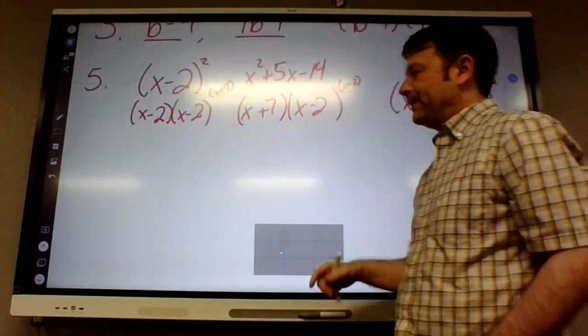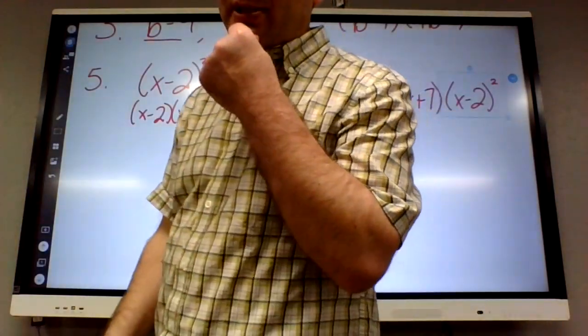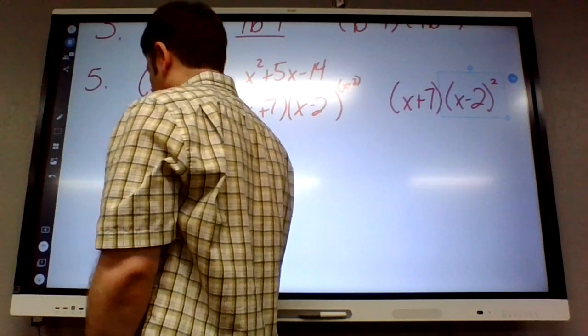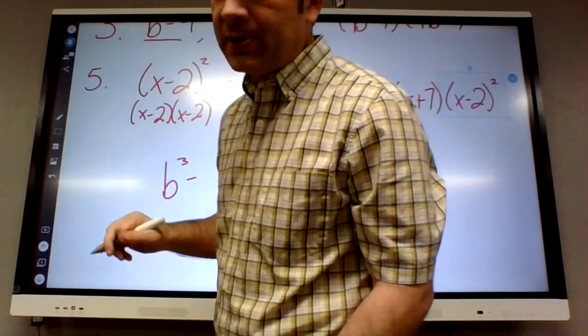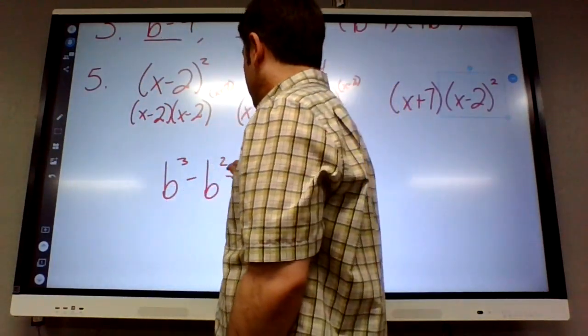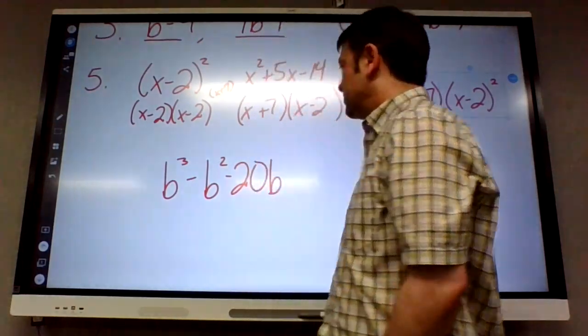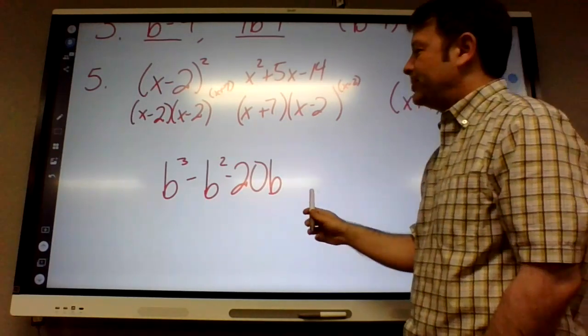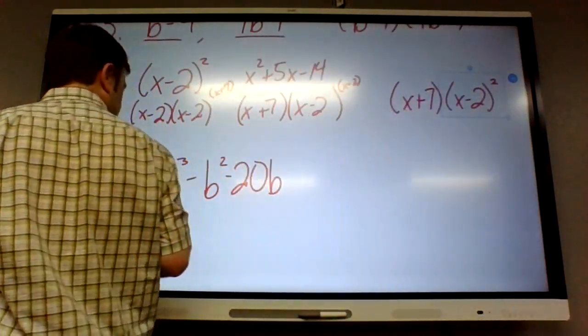There, okay. On number 6, the second thing is b cubed minus b squared minus 20b. What can we do first? What can we do on this? Right.